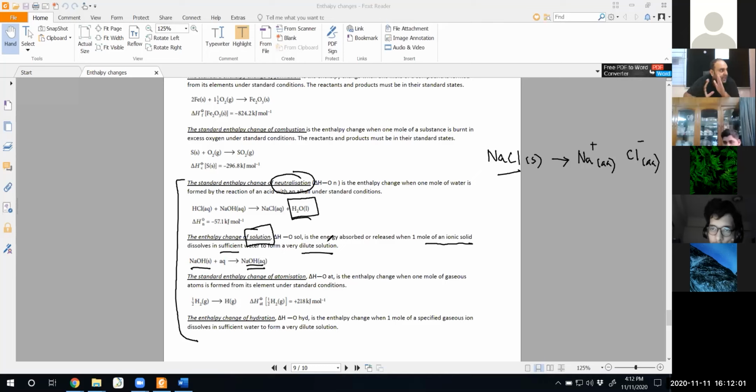The A2 first chapter deals with these things, so we will study that later in A2. But for now you need to remember that when 1 mole of an ionic compound dissolves in water, we call it enthalpy change of solution. Here there is a wording, energy absorbed or released, which means it could either be an endothermic process or an exothermic process.